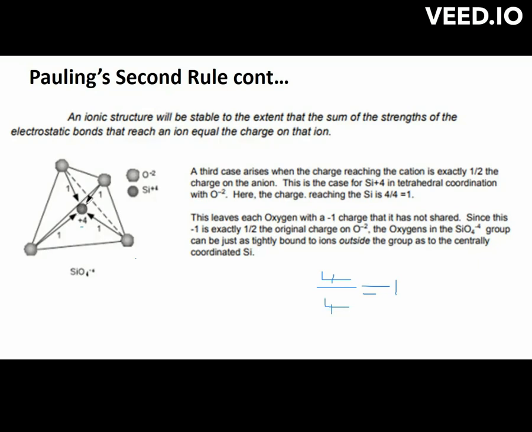But the only problem with this one is the oxygens. We've got 1, but remember the oxygen is -2. Having 1, 1, 1, 1 means that from each oxygen we're subtracting only 1, so we still remain with -1 charge.